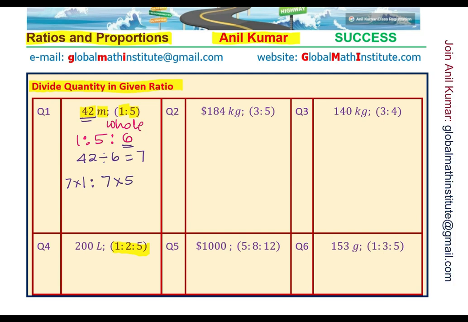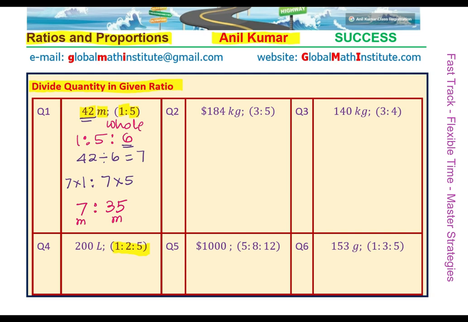We multiplied each term by 7, and so we get the answer, which is 7 is to 35. You can also check that both should be in meters. We have to include the units in such questions. So the wires will be 7 meters long and 35 meters long. When you add them up, you get the whole, which is 42 meters.